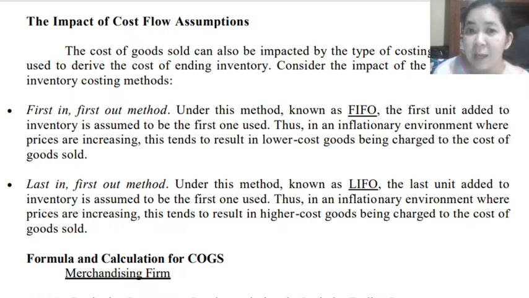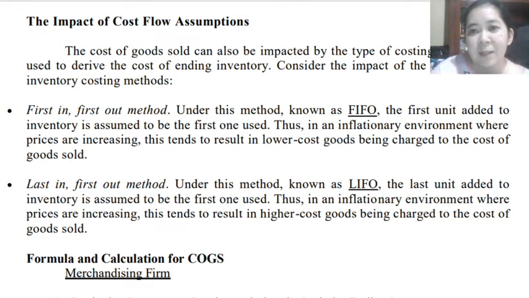So that's why what is actually used in practice is first in, first out. Those items which were finished or produced first will be sold first as well, to avoid obsolescence and damage and other loss related to the inventory.